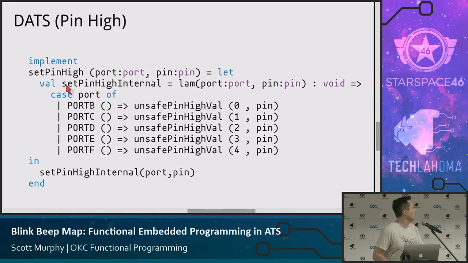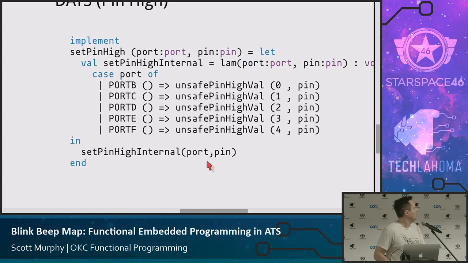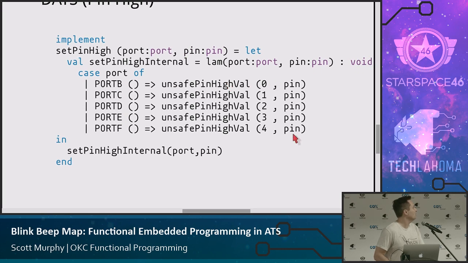Okay, so now we're going to implement the safe version of set pin high. Set pin high is going to take a port and pin and then create a lambda function that takes a port and pin here, and we're going to run that lambda function internally over port and pin, and then case match against each possible port, and set the given pin high.